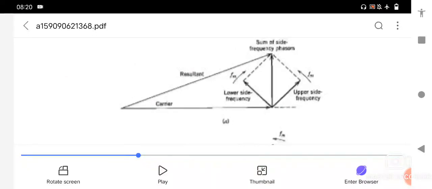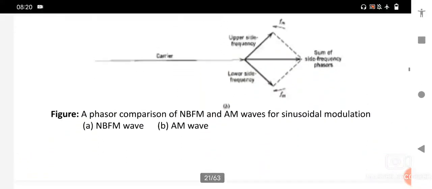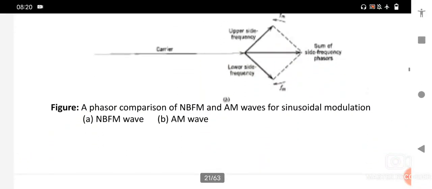But it is out of phase with respect to it. Figure B is the amplitude modulated phasor. It represents the phasor diagram of the amplitude modulated wave. The resultant phasor representing the AM wave has an amplitude different from that of the carrier phasor, but it is always in phase with it.